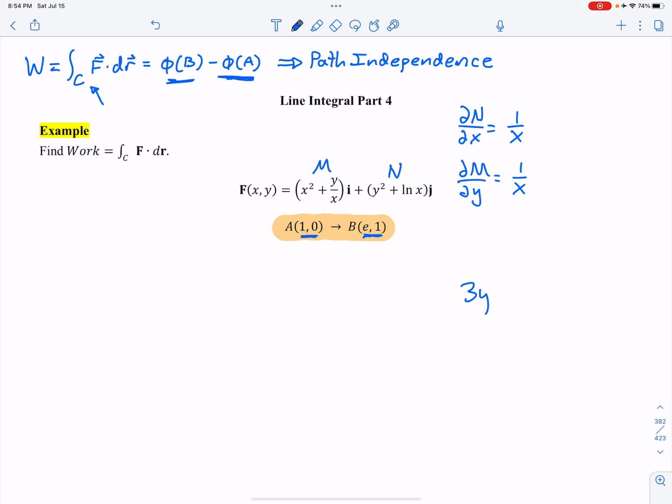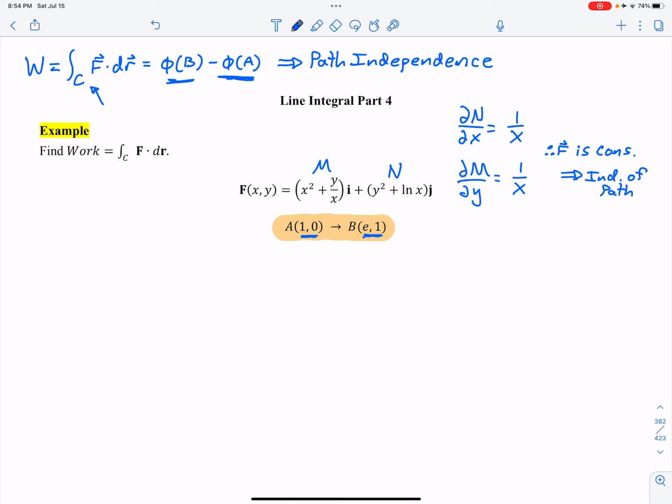Like 3y would be 3, so I think you guys have that down at this point. That tells me that F is conservative. I'm going to write this now: independent of path. It doesn't matter what path we take, because our method doesn't even take it into consideration.